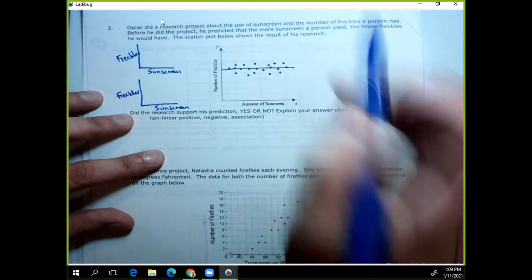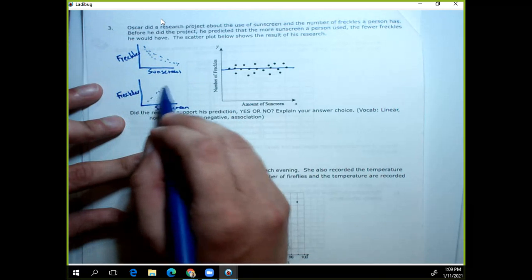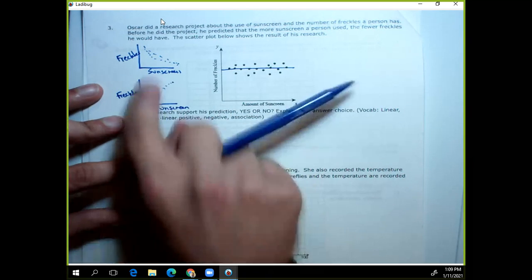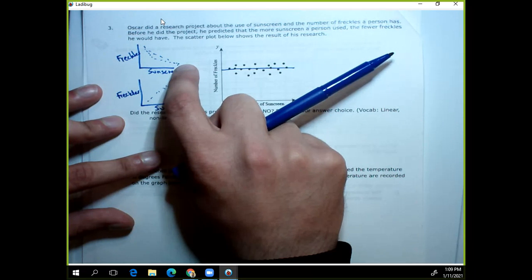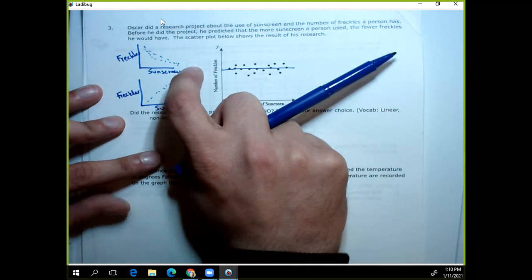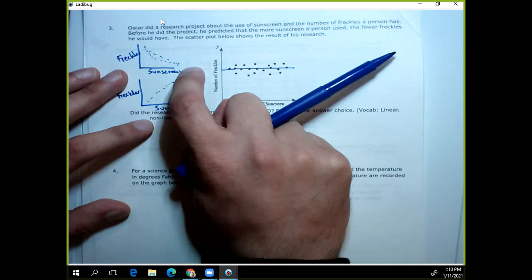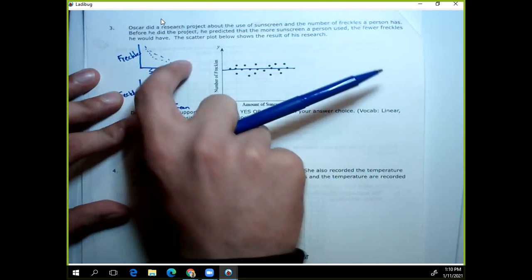So what we want to get is what Oscar is predicting. So if we have scatter plots that look like this, that's down and that's up. First off, is sunscreen increasing or decreasing in this first graph? The sunscreen's increasing. What about the freckles?